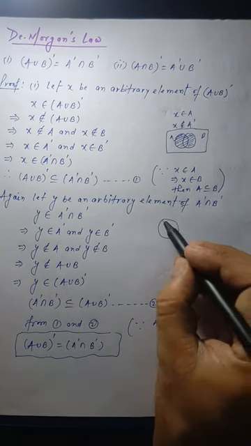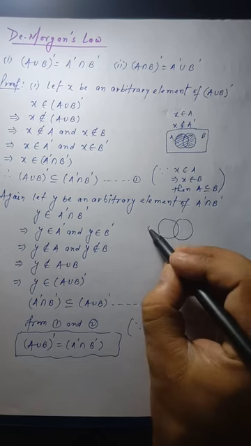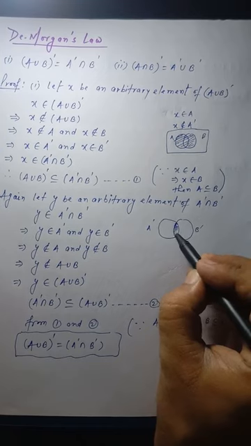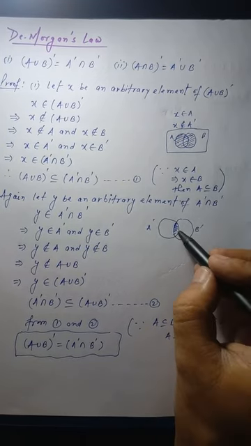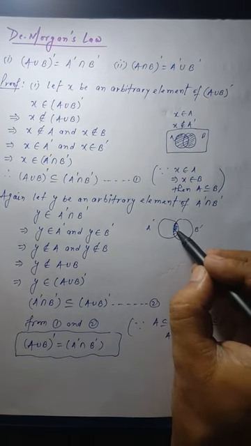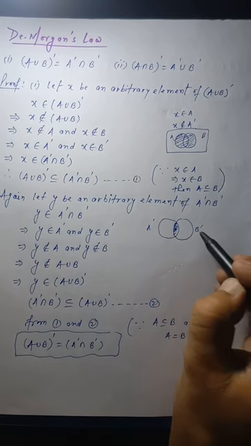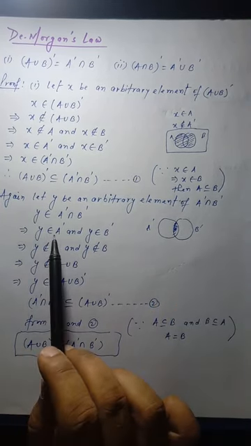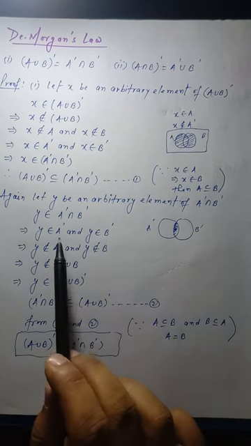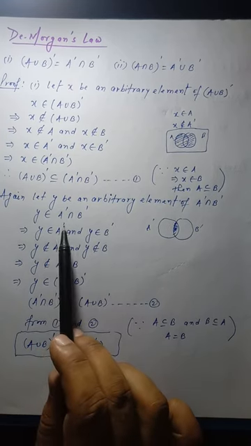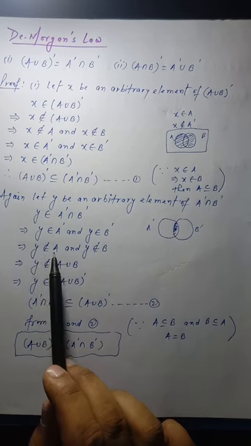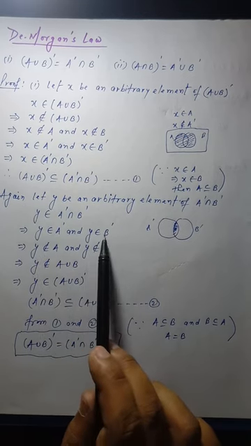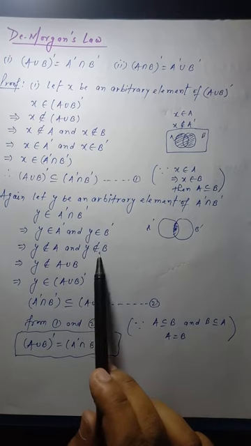This is A, suppose this is B, this is A dash, say this is B dash. So this is the common portion, A' intersection B'. If any element y is present here, obviously this y is in A' and also in B'. If y is present in A dash, it will not be present in A. And in the same manner, if y belongs to B dash, y does not belong to B.